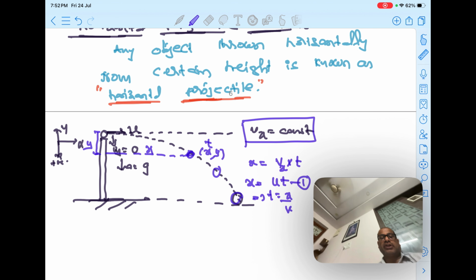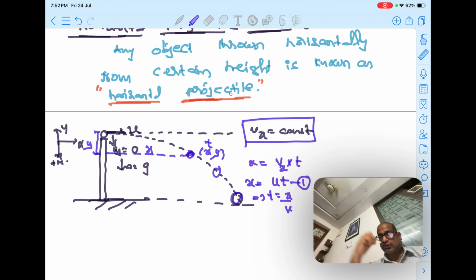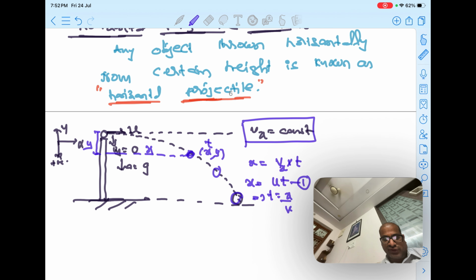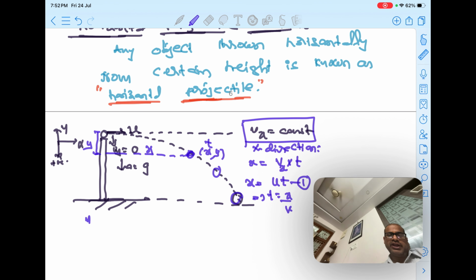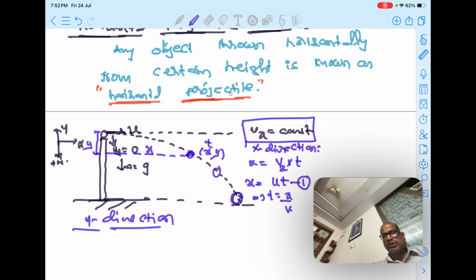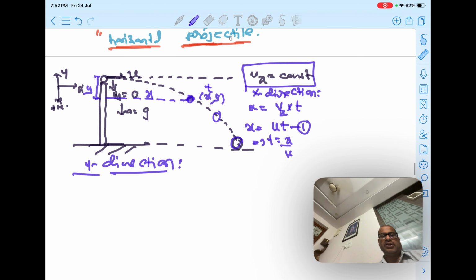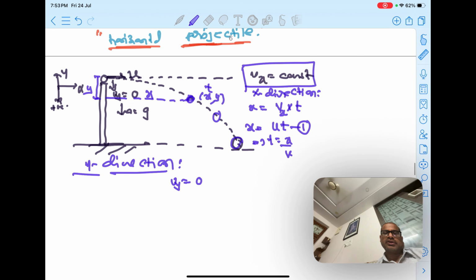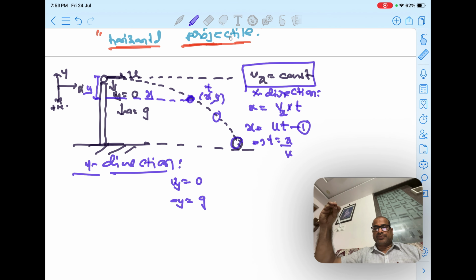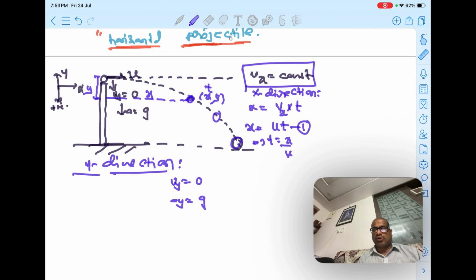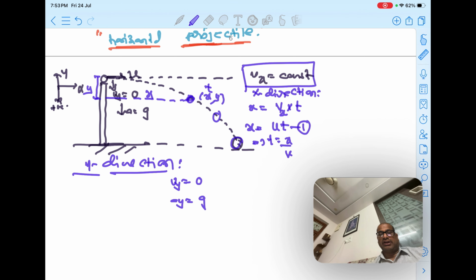Now what is its position after some time t in the y direction? Initial velocity in the y direction is 0, and because of gravity it comes vertically downward with acceleration due to gravity.